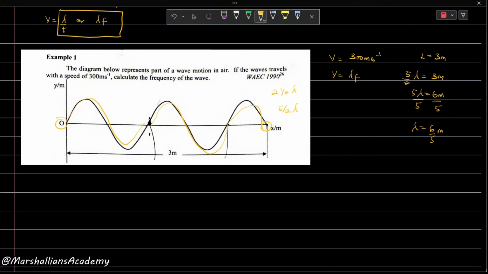From here, frequency is going to be equals to V over lambda, which means 300 divided by 6 over 5, which is 300 times 5 over 6. Can 6 go in 300? Yes. 50. 50 times 5 is what? 250. So it's going to be 250 hertz.